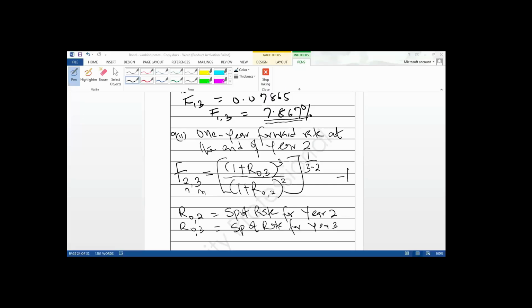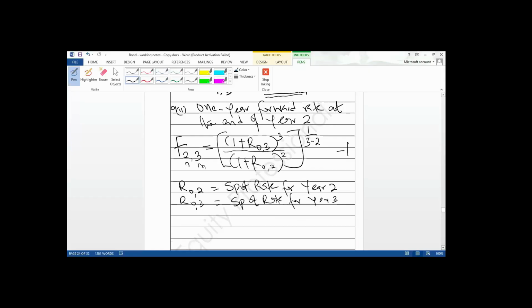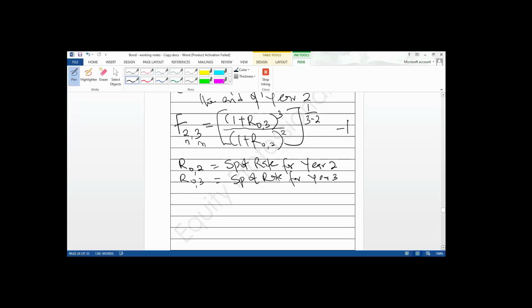Now look at it. 1 year forward rates at the end of year 2. You can calculate that quickly. Look at the formula.